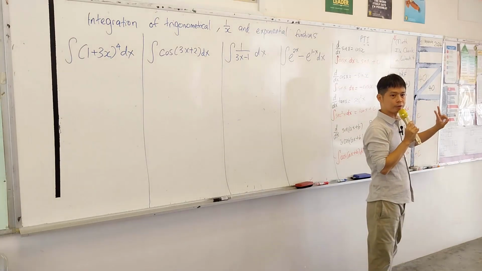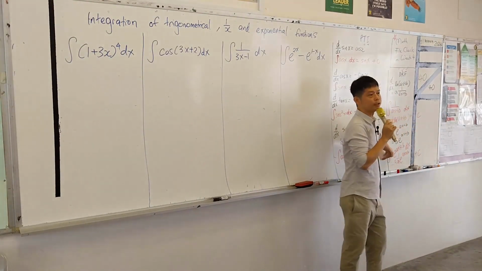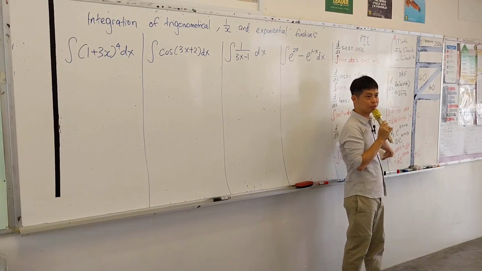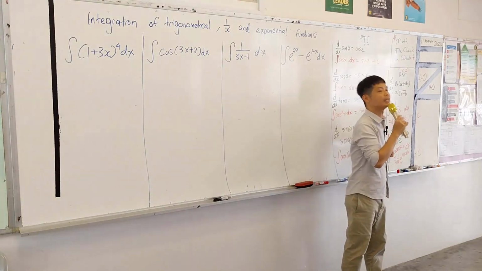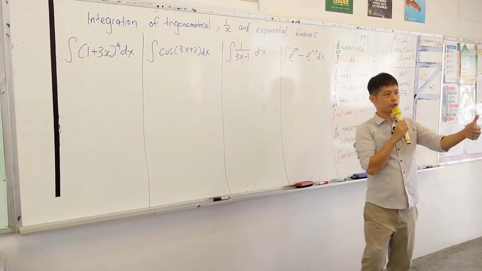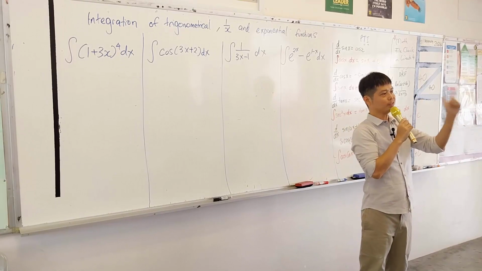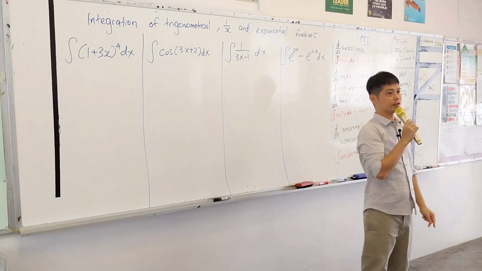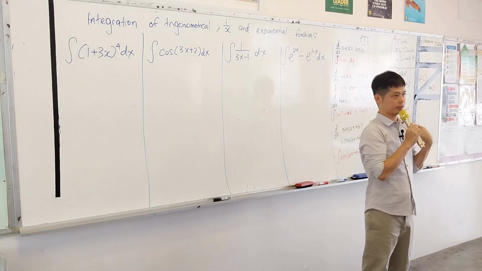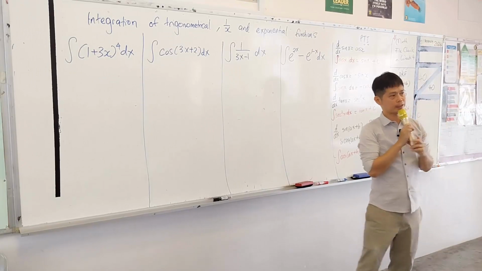So only 2 steps for each part only. Finally, when I integrate the exponential, what do I do? I keep the exponential and I divide by a. So change the trigo, put the ln, and keep the exponential, but all divided by a. After that, 2 steps only. Okay, let's try.